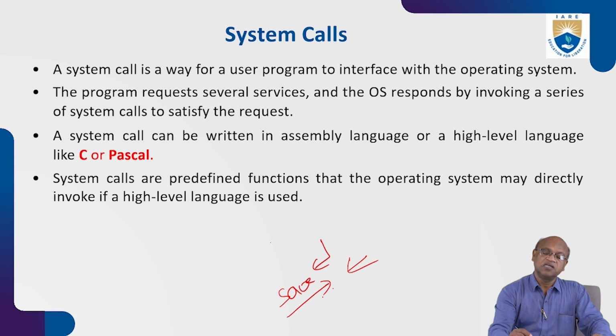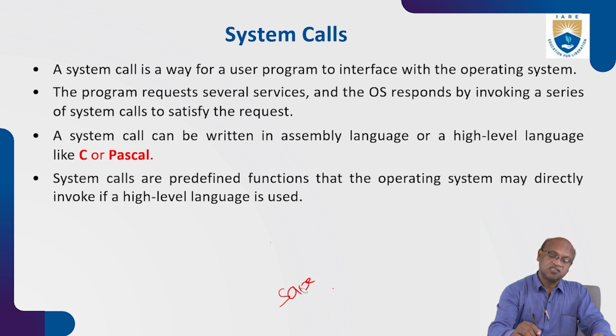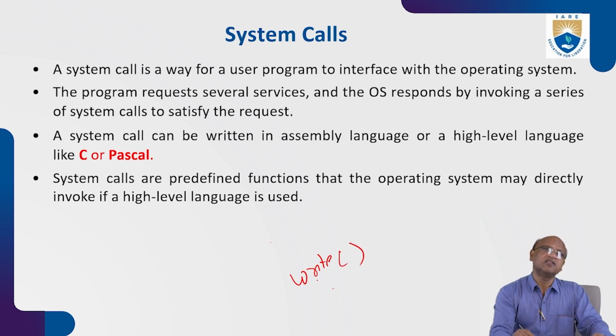What it does is invoke automatically some programs in the OS, that is, system calls themselves. Like the write system call. Write is a system call or a function which is available in the OS.